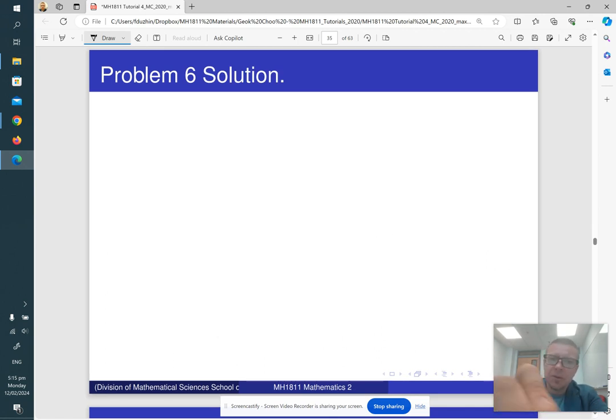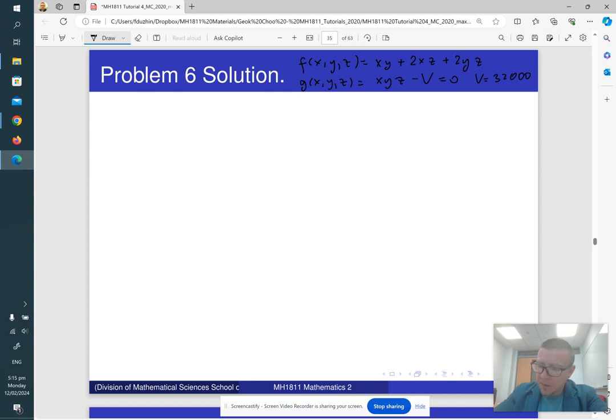So again, let me write the objective function. Here is xy plus 2xz plus 2yz. The constraint g of x, y, z is xyz minus V is 0. So V is 32,000.